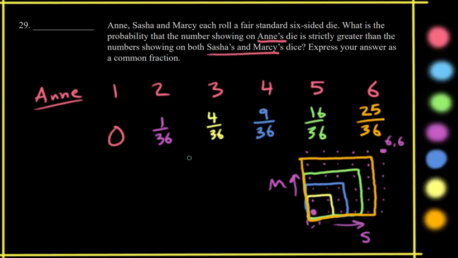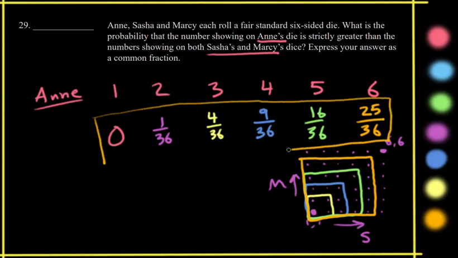So basically we just have to take the average of all these probabilities, because it's equally likely that Anne will get a 1, a 2, a 3, a 4, a 5, or a 6. If we wanted the probability of this whole thing happening, we just take the average of these 6 probabilities.